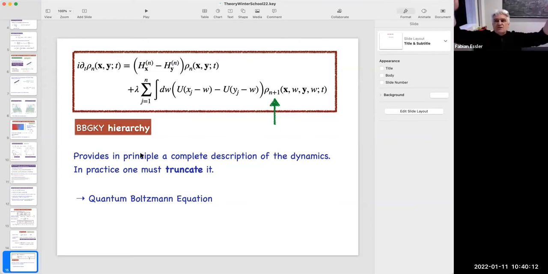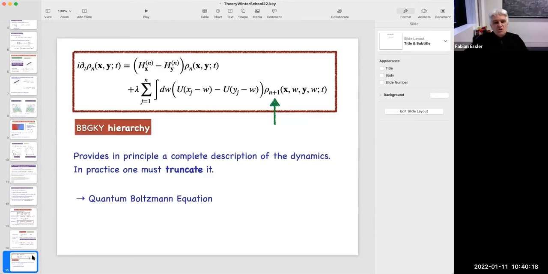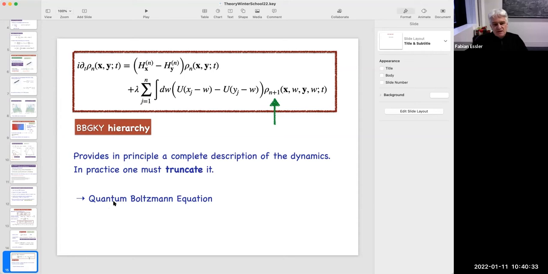But in practice, because it's an infinite hierarchy for these increasingly complicated objects, it's not useful. So in order to get something useful, you have to somehow truncate it to end up with a finite number of such equations. And the most prominent truncation scheme is called the quantum Boltzmann equation, and that's what we're going to discuss next. But before I do so, are there further questions?